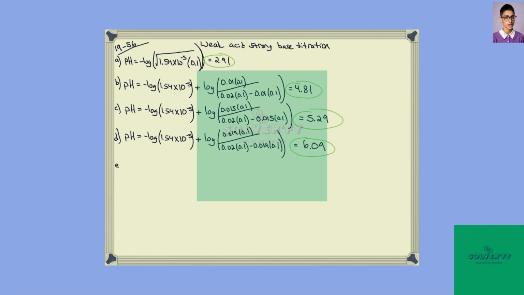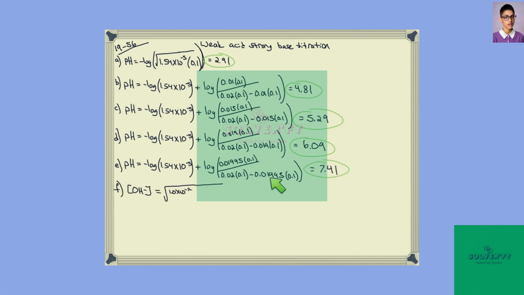For the last one, we are just before the equivalence point at 19.95 milliliters. So we still have a buffer solution. We will still use the Henderson-Hasselbalch equation. So again, pH equals pKa plus the log of, in our denominator, it'll be the moles of weak acid that has not yet reacted, which is the moles of weak acid we start with, minus the moles of weak acid that reacted, which is equal to the moles of strong base added, namely 19.95 milliliters, or 0.01995 liters.